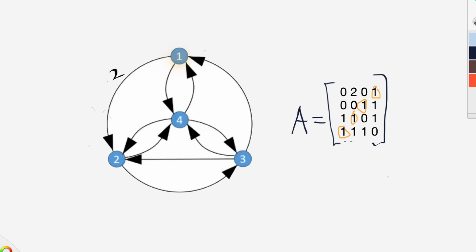The corresponding cycle cover for this permutation would be 1 to 4, then 2 to 3, then 3 to 2, and 4 to 1. So that's how the permanent of a matrix corresponds to a cycle cover.